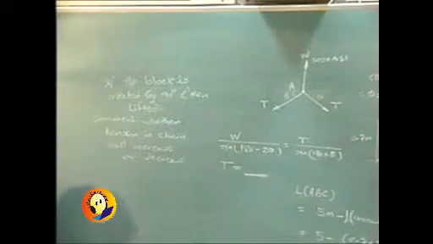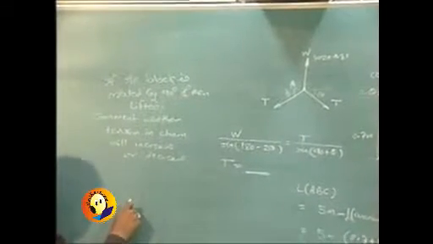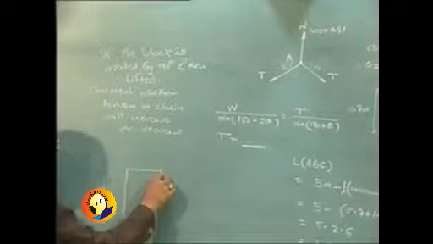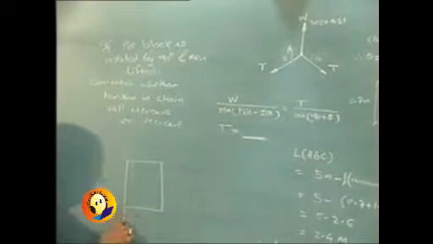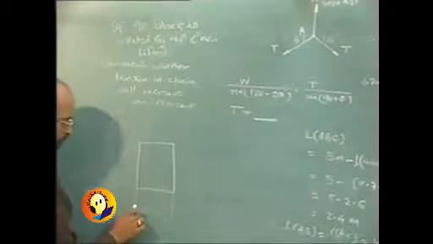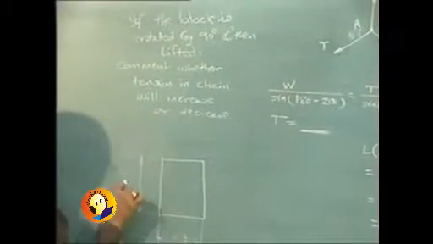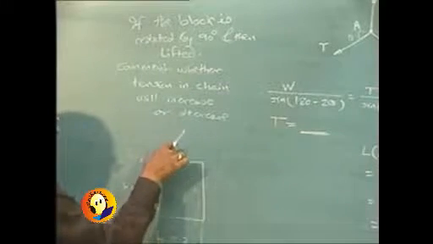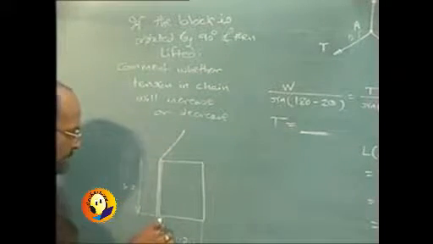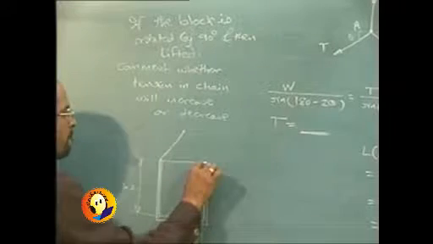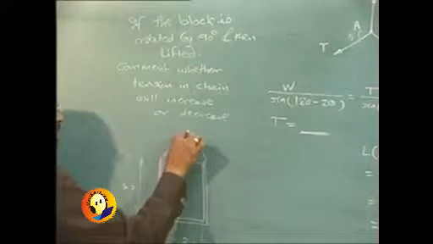It is said that the block is rotated by 90 degrees. That means now the block should be considered as 0.7 is this length and this is 1.2. Of course the chain will still go around the block and will be lifted by the hook.